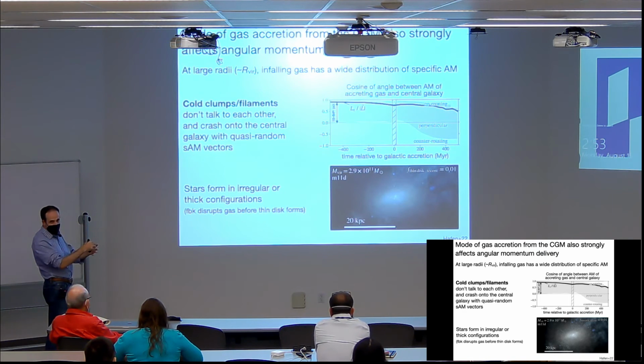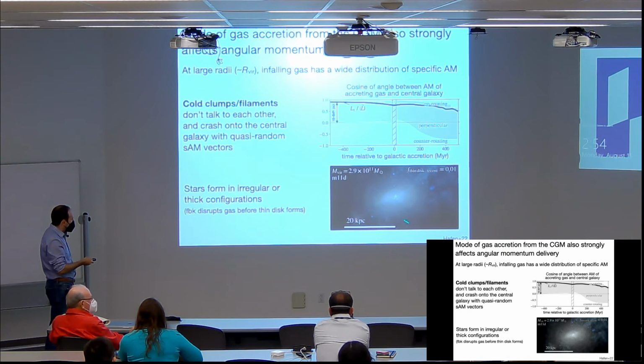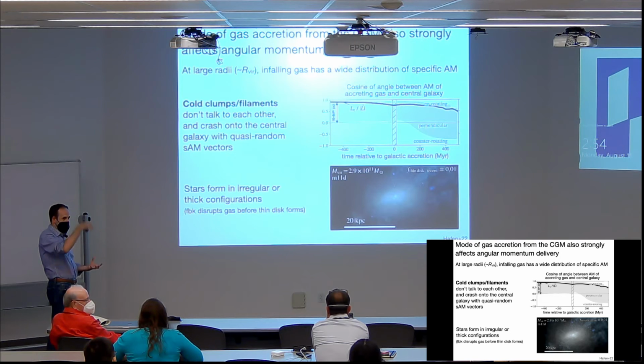And so the gas gets to the center in a complicated geometry, and that's when stars first form out of that cold gas. And so we find empirically in the simulations that the stellar distributions you get in this regime tend to be irregular like this one, or at least geometrically quite thick.